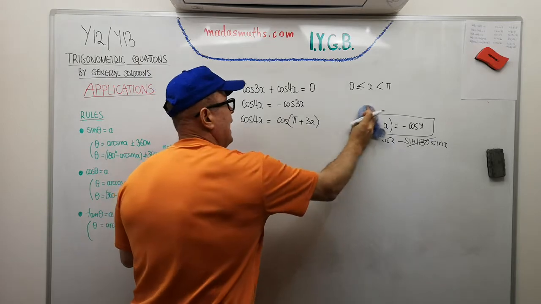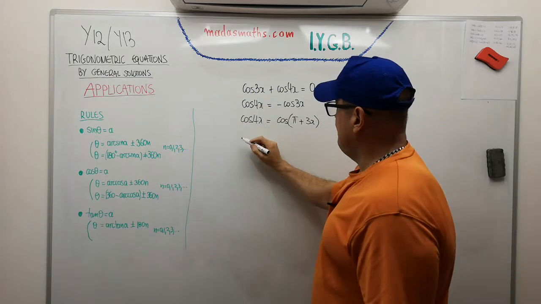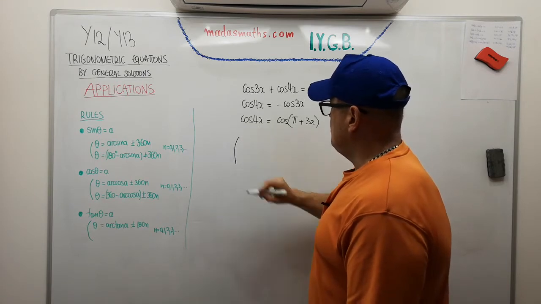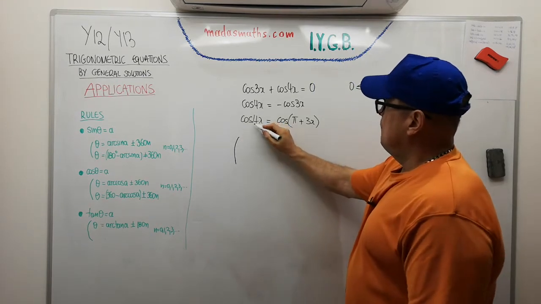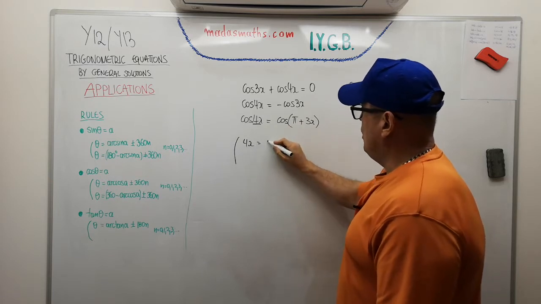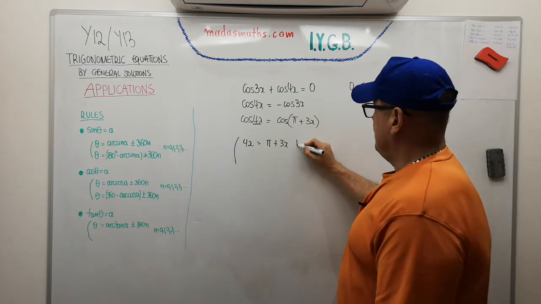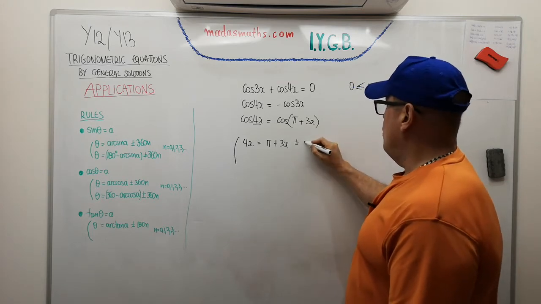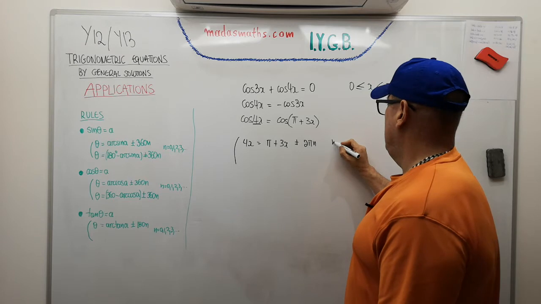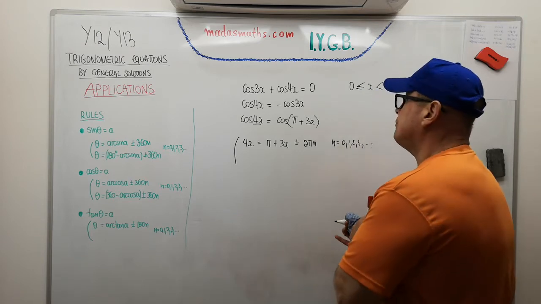So now we can use the general solution in exactly the same way. So two possibilities. Principal: 4x is equal to pi plus 3x, and the graph will repeat every 360 or 2 pi n, with n equal to 0, 1, 2, 3, and so on.